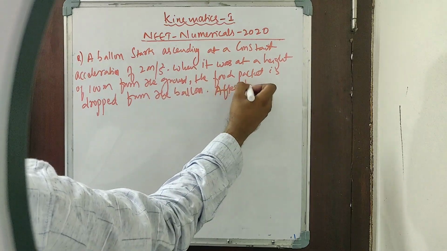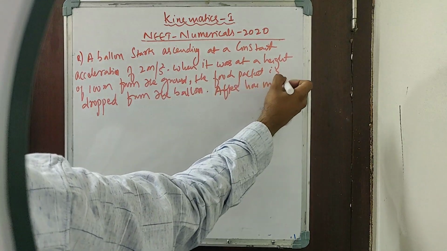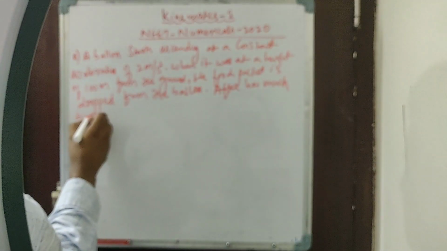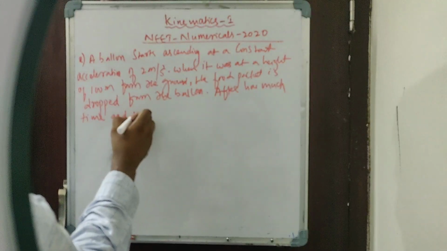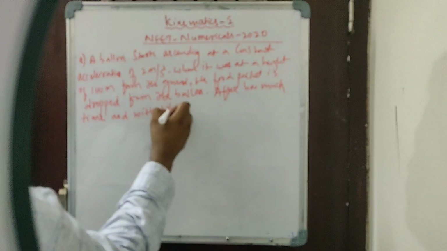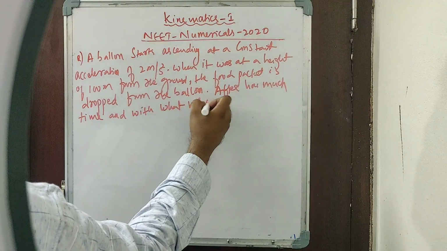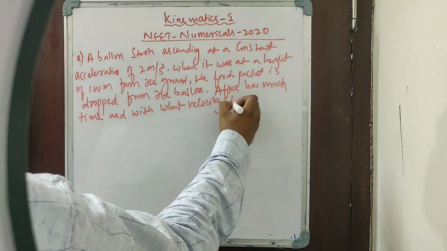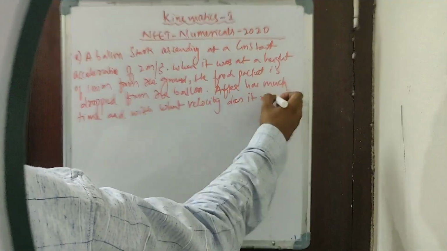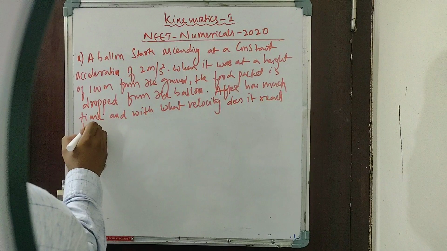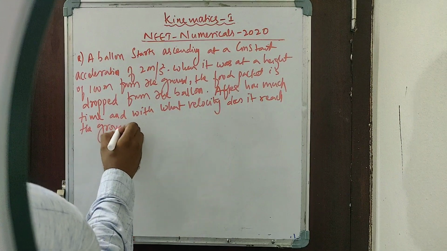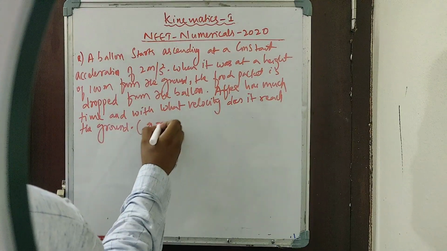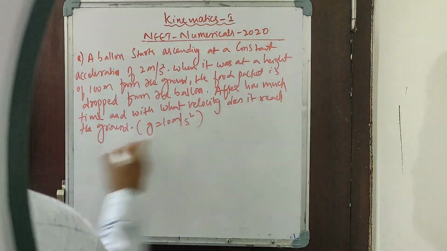After how much time and with what velocity does it reach the ground? Take g value equal to 10 meter per second square.